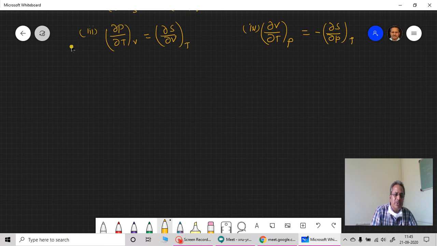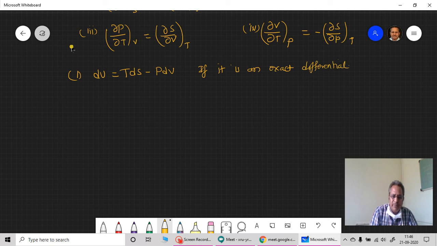Now for the first one, as I have been given, dU is equal to TdS minus PdV. Okay, if it is an exact differential, then आपल्याला माहिती आहे, we have taken this earlier, बघा आठवतंय का, df is equal to Mdx plus Ndy.